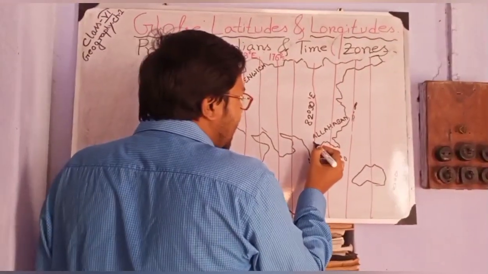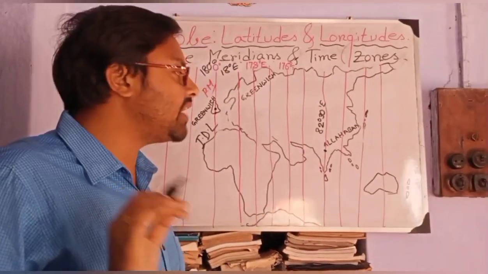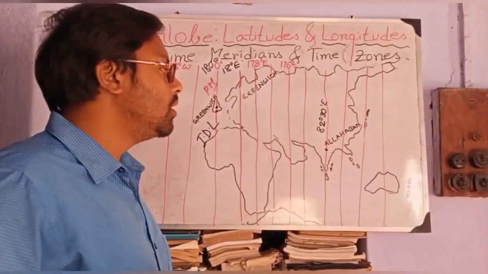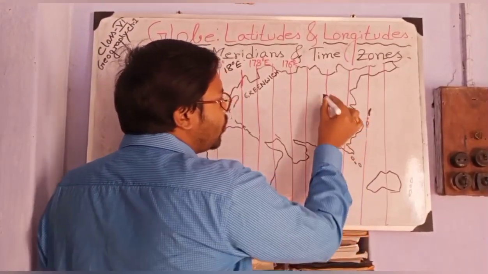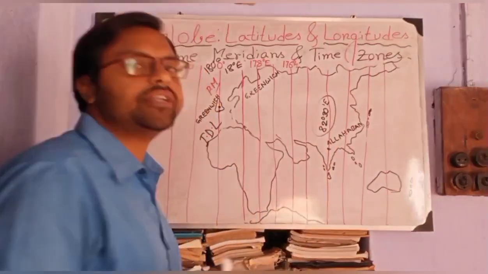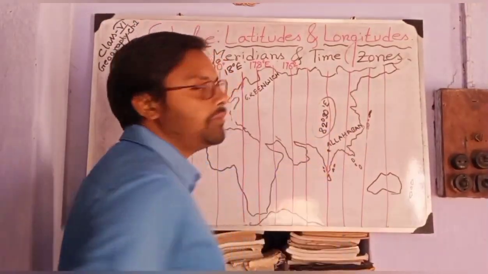And in India, Allahabad town in Uttar Pradesh, actually near Mirzapur, is situated on 82 degree 30 minute east longitude. That means this is 0 degree and this is 82 degree 30 minute east longitude.